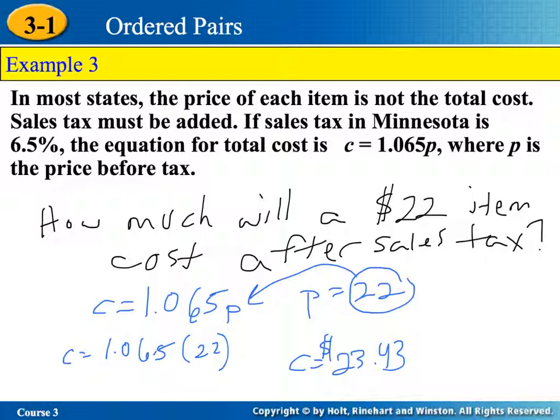Now, I want you to think, this is the solution of the equation. C is equal to 23.43. If you look at this equation and look at your previous notes, our x was always the number we plugged in, and our y is always the number we got out.